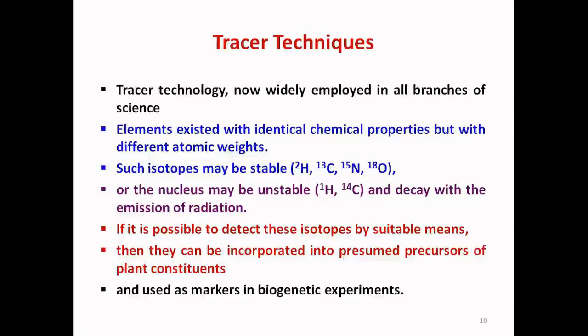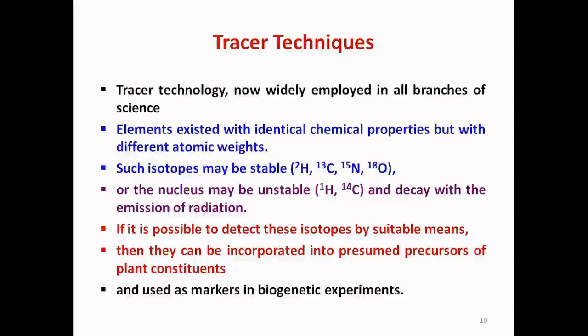Stable isotopes are elements which exist with identical chemical properties, but they have different atomic weights. For example, hydrogen, carbon-13, nitrogen-15, oxygen-18. These are all stable isotopes. They are not going to emit radiation or energy. They are going to remain stable.